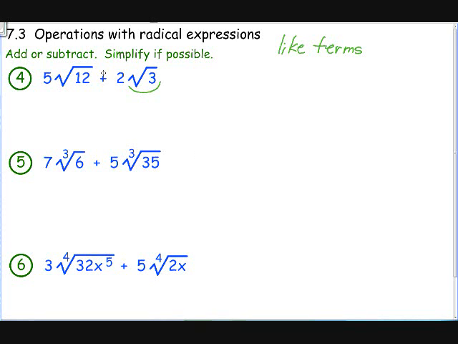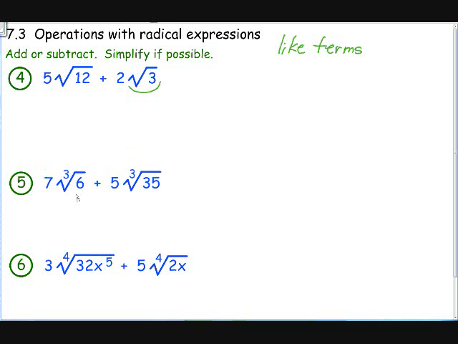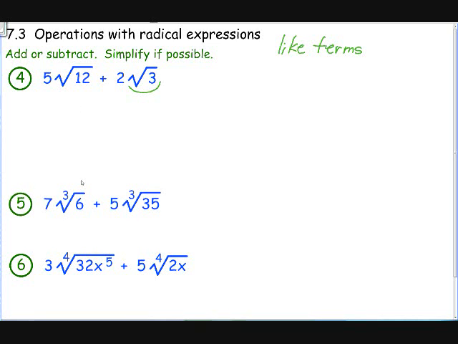I'm going to move these two down a little bit so I have a little more space. Is there a way I can convert this 5 square root of 12 into the square root of 3? Well, if I could factor out a 4 somehow, I would be in good business.